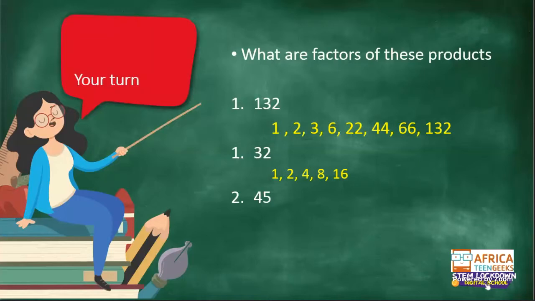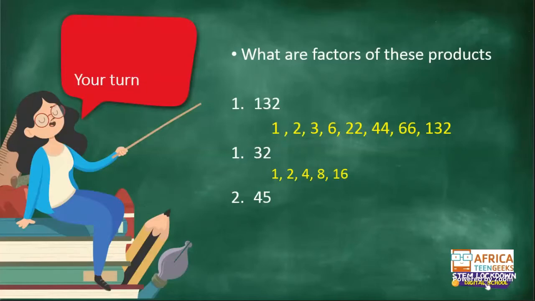Now you have all included 9, but 9 is not a factor of 32. You use the inverse operation, but then 9 is not a factor of 32.